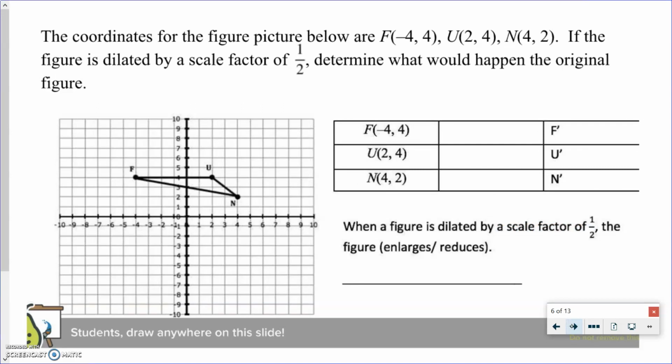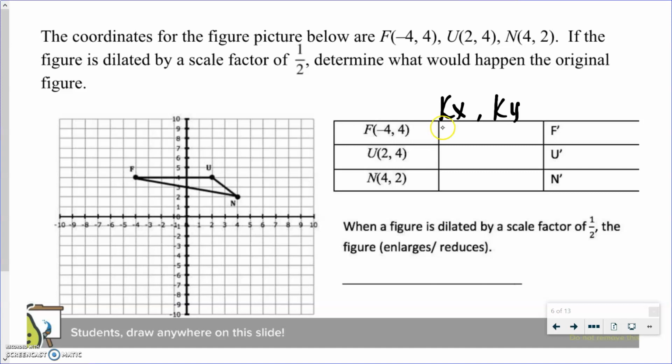It says we have the same coordinates, and then we are dilating with a scale factor of 1/2. Okay, so we have a scale factor of 1/2. So here, I'm still going to do K times x and K times y. That's our scale factor.